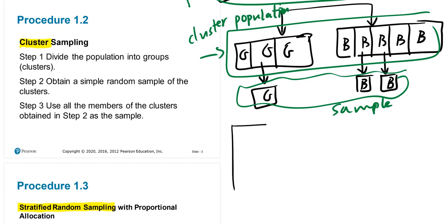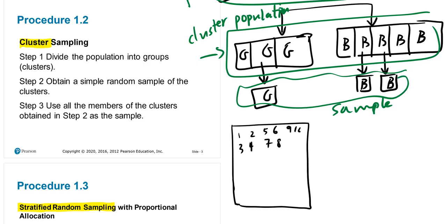Before we move on to the other one, let's say we have people numbered 1, 2, 3, 4, 5, 6, 7, 8, 9, 10, 11, 12, 13, 14, 15, 16, 17, 18, 19, 20, 21, 22, 23, 24.